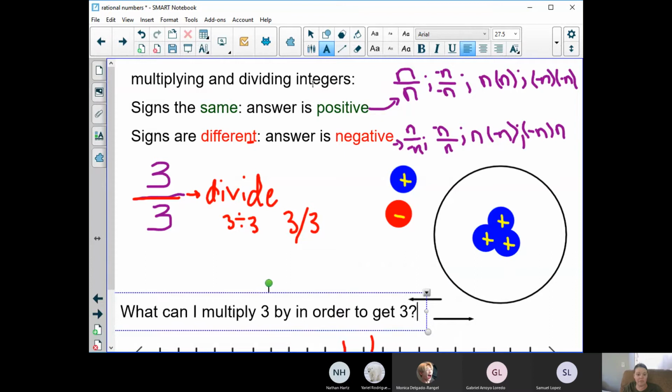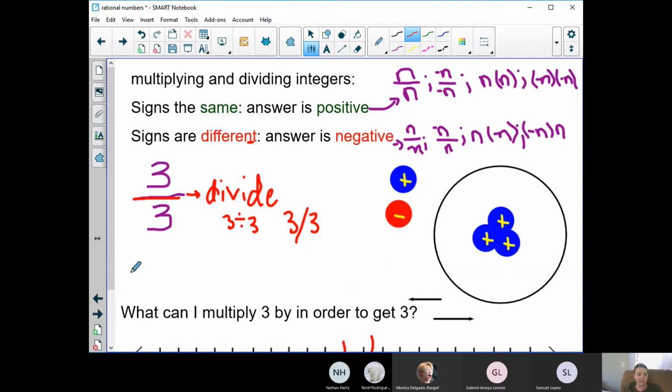To rewrite that, 3 times some number equals 3. So 3 times what number equals 3? 1. So 3 divided by 3 equals 1.